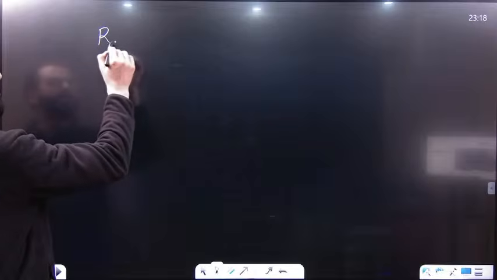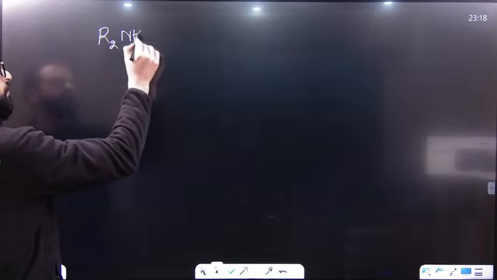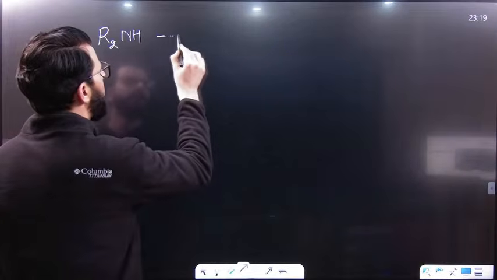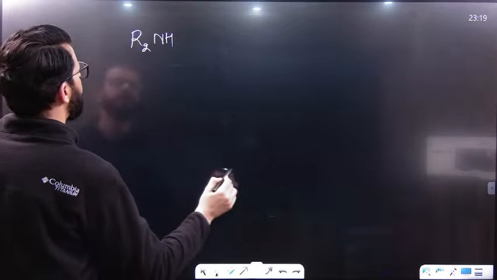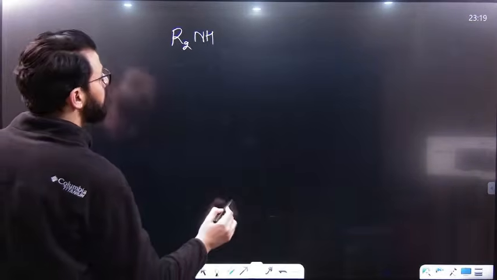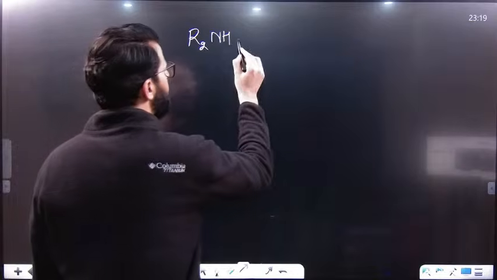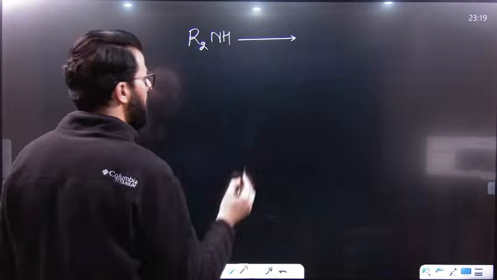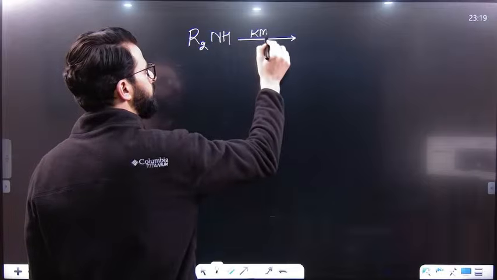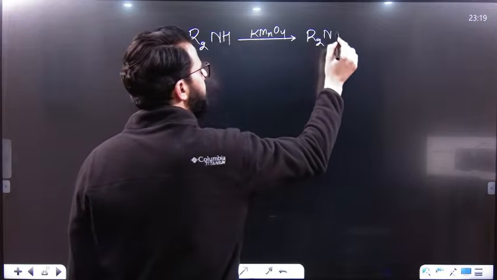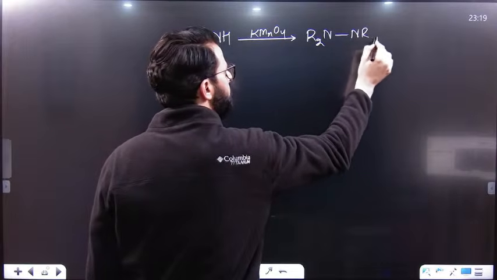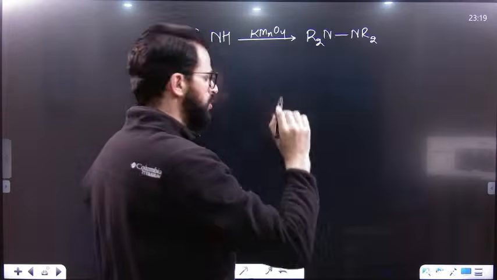After that, if you have a secondary amine, have a look, and the oxidizing agent is KMnO4, then we will get tetraalkyl hydrazine. Remember, that is the oxidation product.